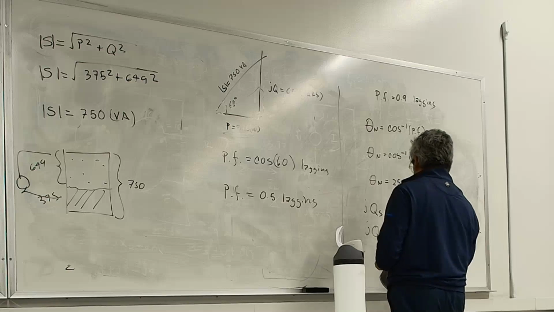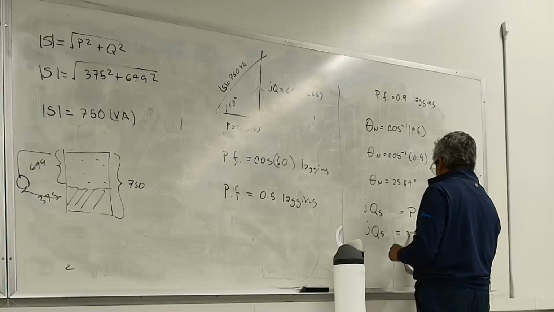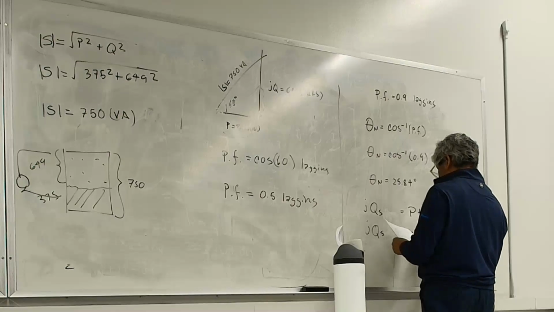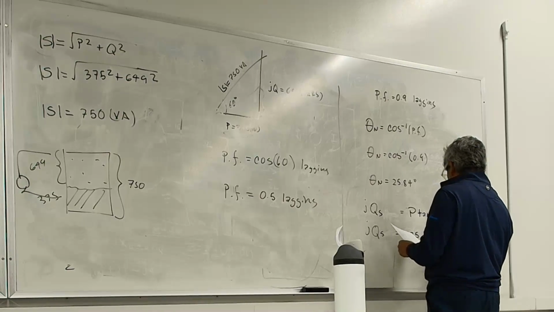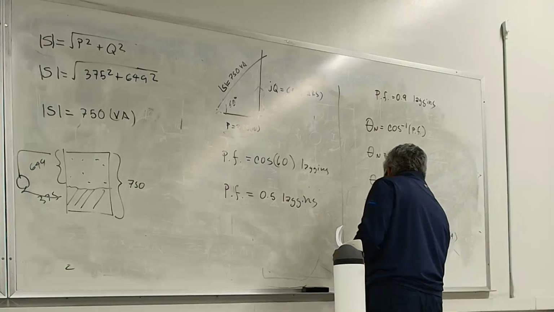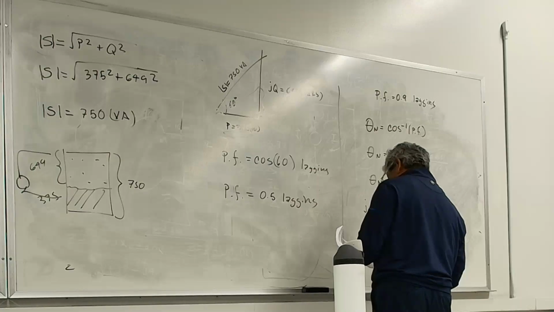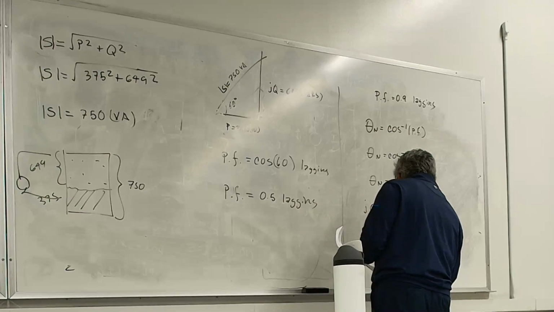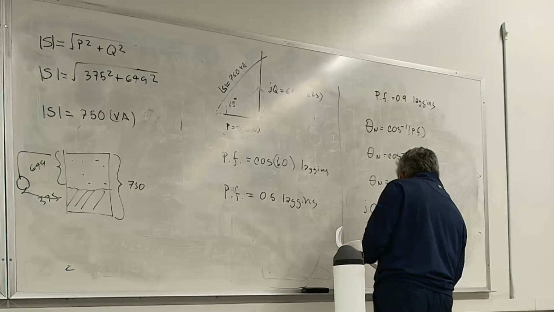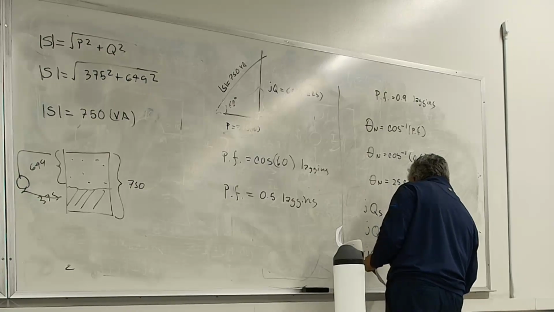You guys know the Q source is equal to 375 times the tangent of the new angle, which is 25.84, and that gives me JQ source of 181.62 vars.